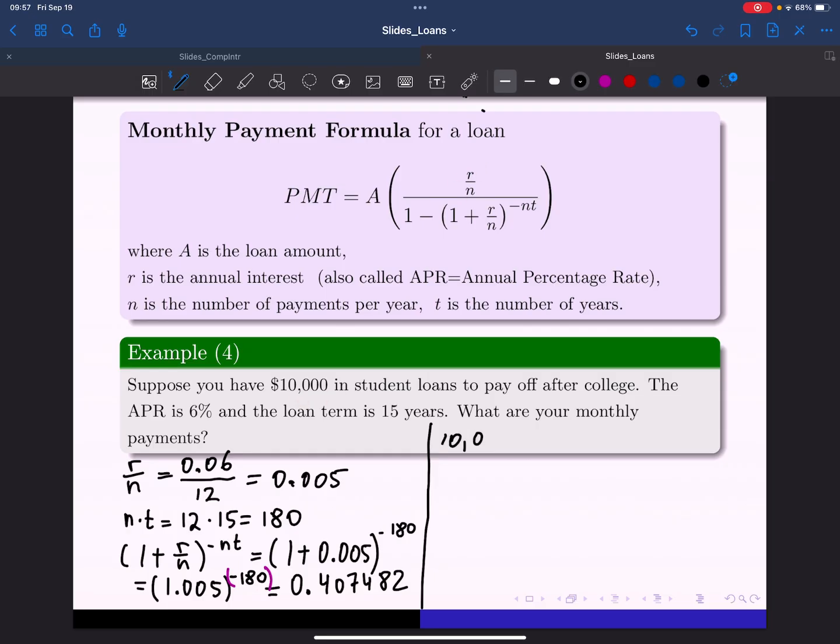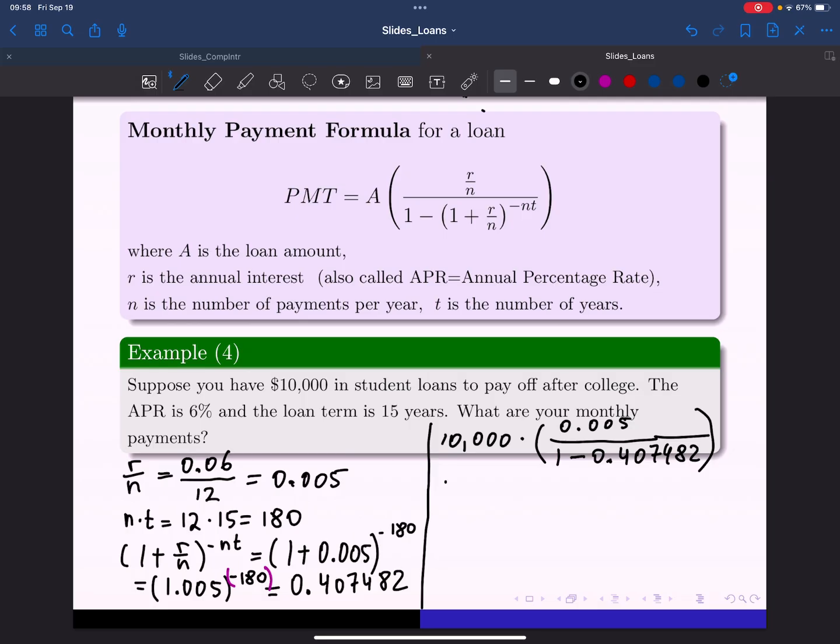So we have 10,000 times 0.005 divided by 1 minus this whole part we already calculated right here, 0.40748.